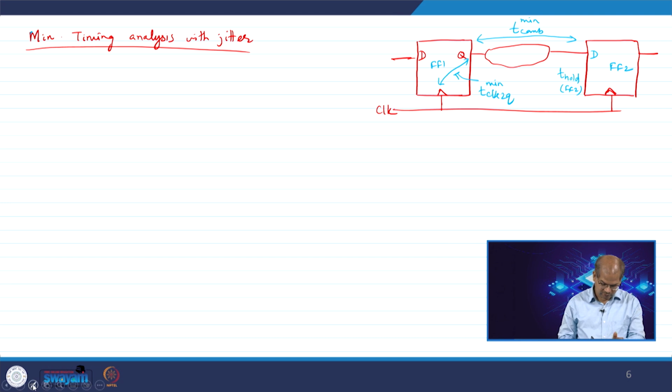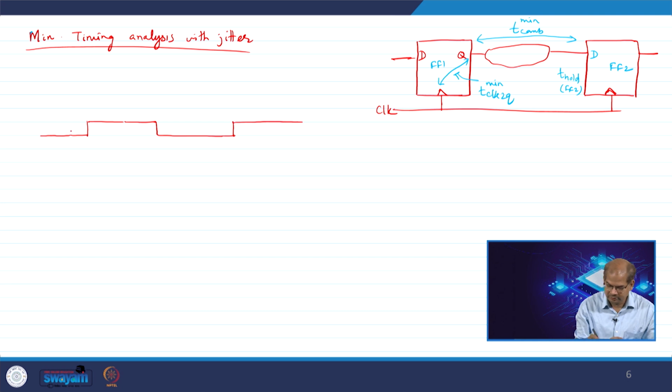Okay. So, now I will first draw the waveform, how my jitter waveform will look. Ideally it should rise here, and it goes like this. This is my edge 1, this is edge 2, and this is my edge 3.